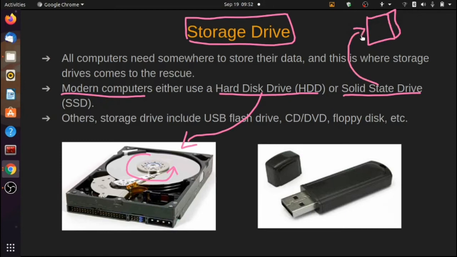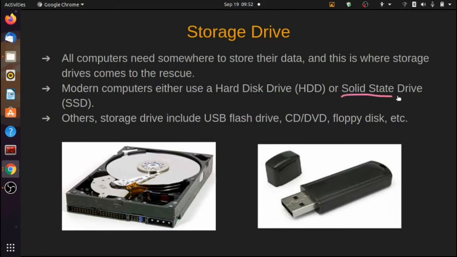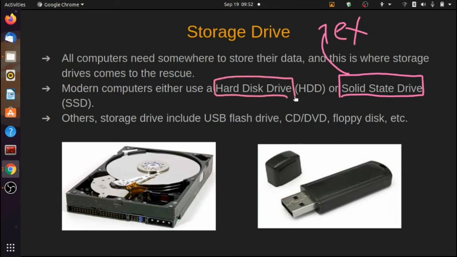Besides that, a solid state drive is expensive as compared to a HDD drive, and performance wise also, the performance of solid state drive is much higher as compared to that of a disk drive.